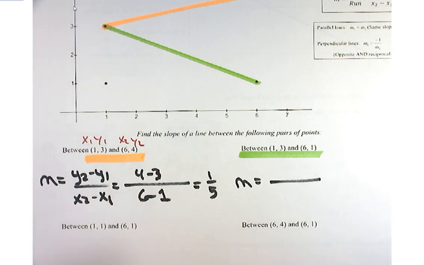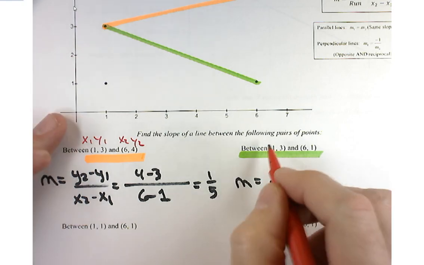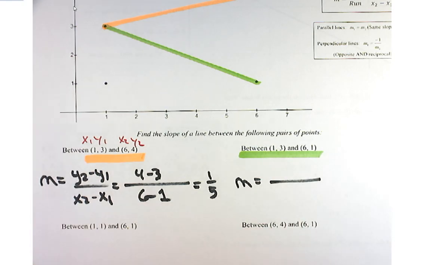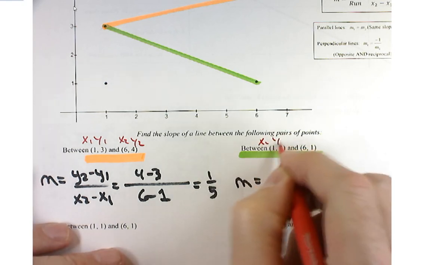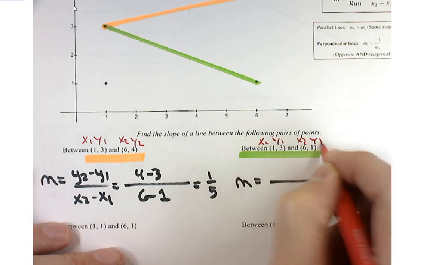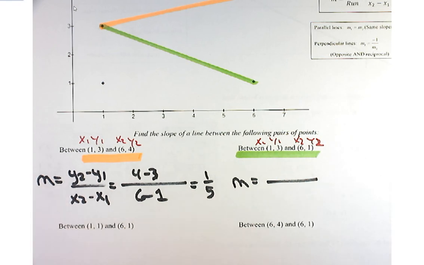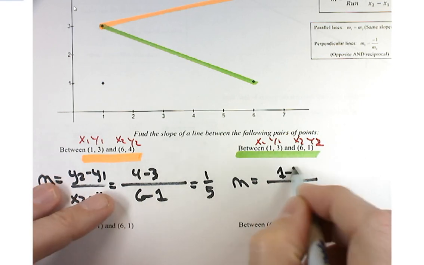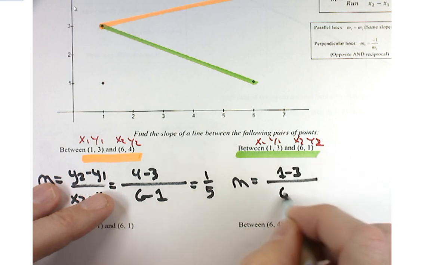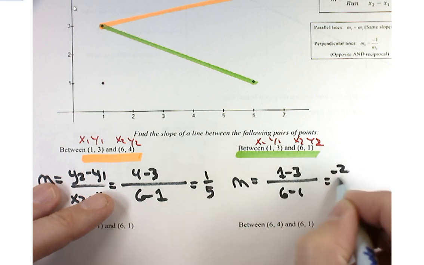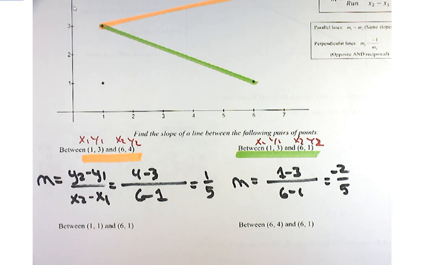What from what? 1 minus 3, 6 minus 1. Beautiful. So again, you've got your x1, y1, x2, y2. So it's the difference in the y's, 1 minus 3 over 6 minus 1. So negative 2/5.